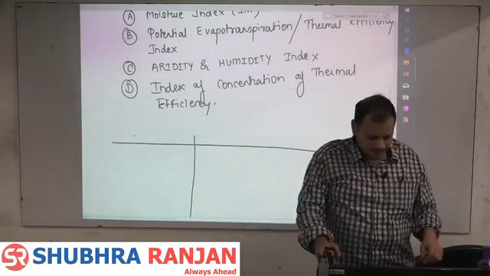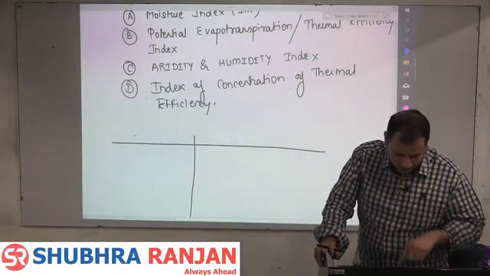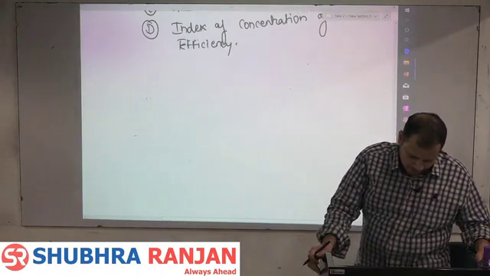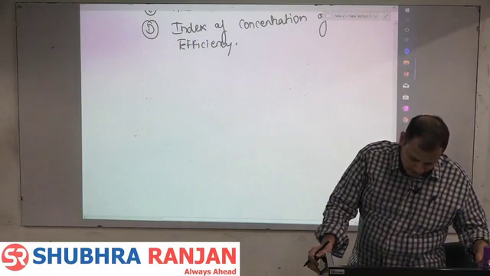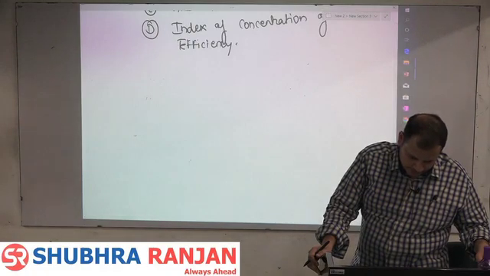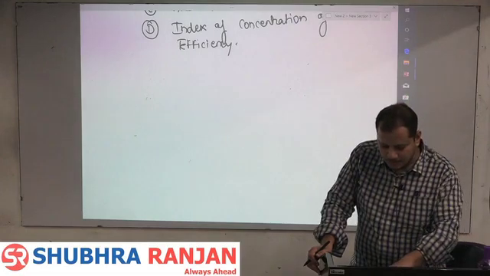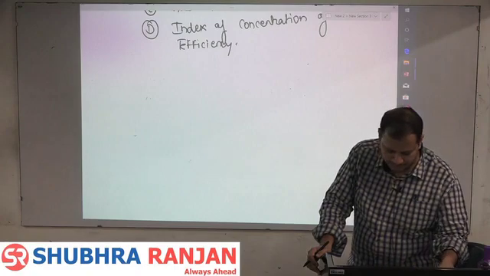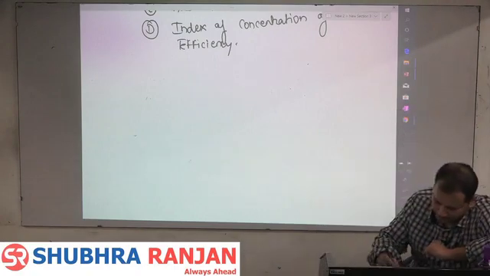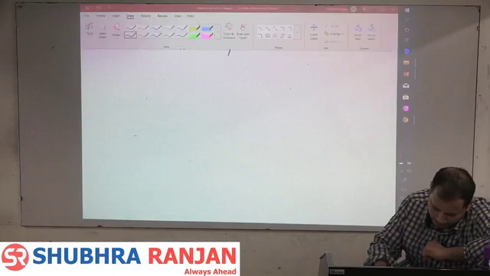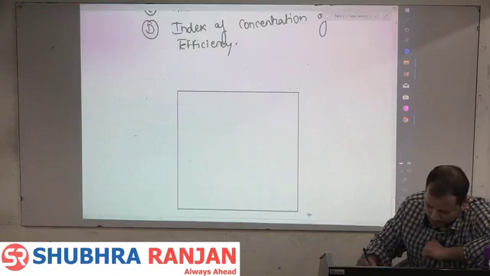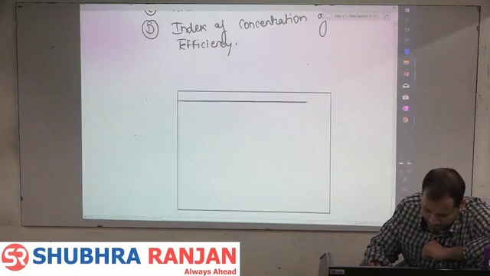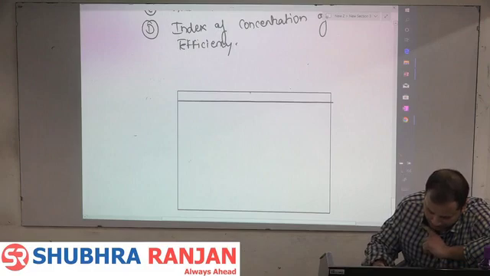Based on the humidity provinces, based on the moisture index, Thornthwaite identified 9 humidity provinces.